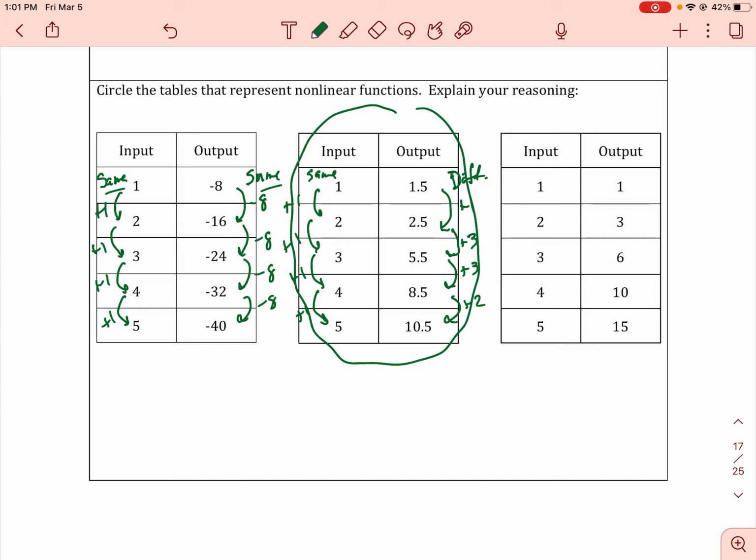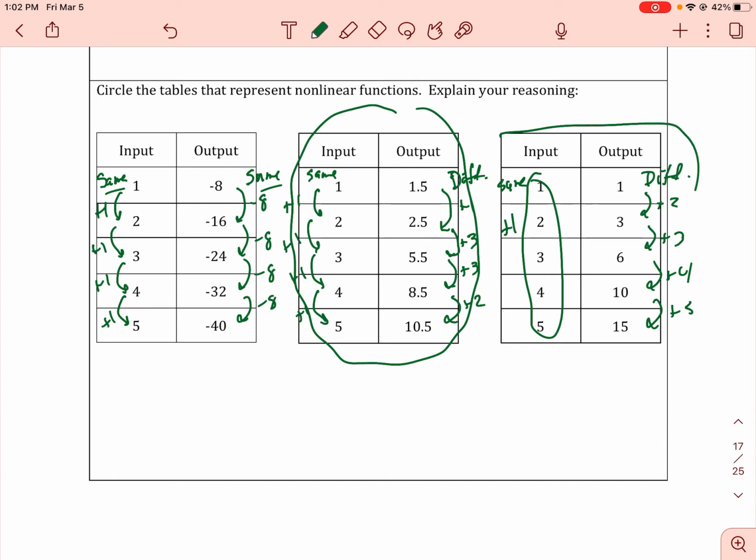And let's check this last one. Plus 2, plus 3, plus 4, plus 5, and I see that all of these are going plus 1, so this is the same. This is different, so this one is also nonlinear.